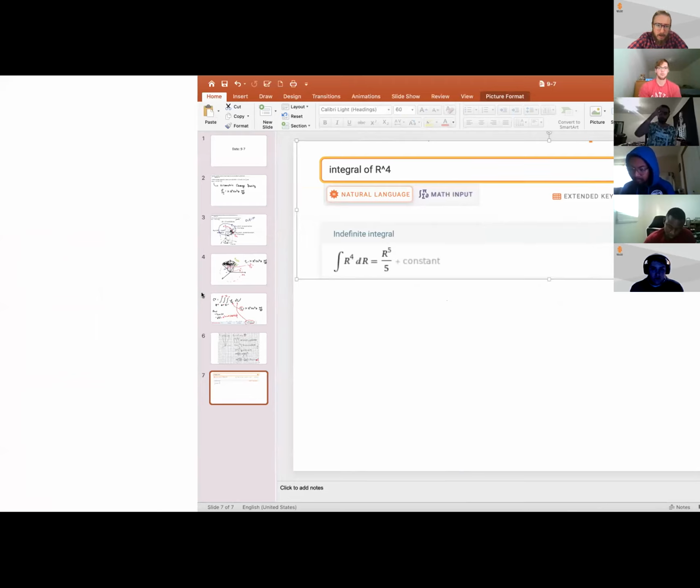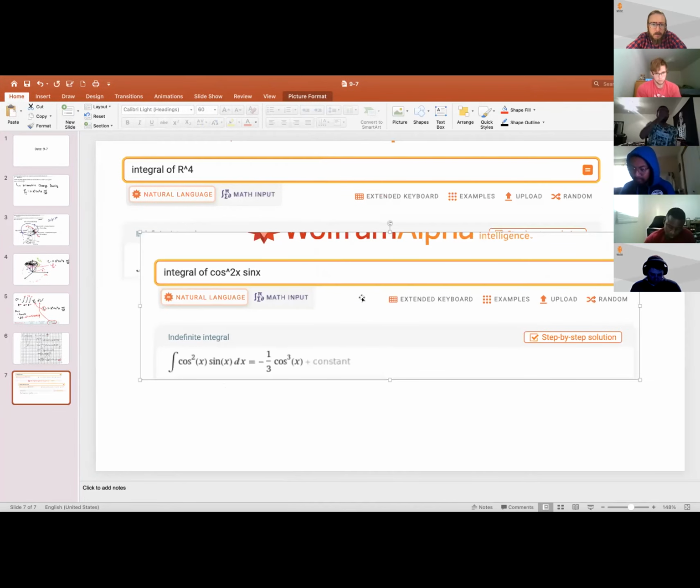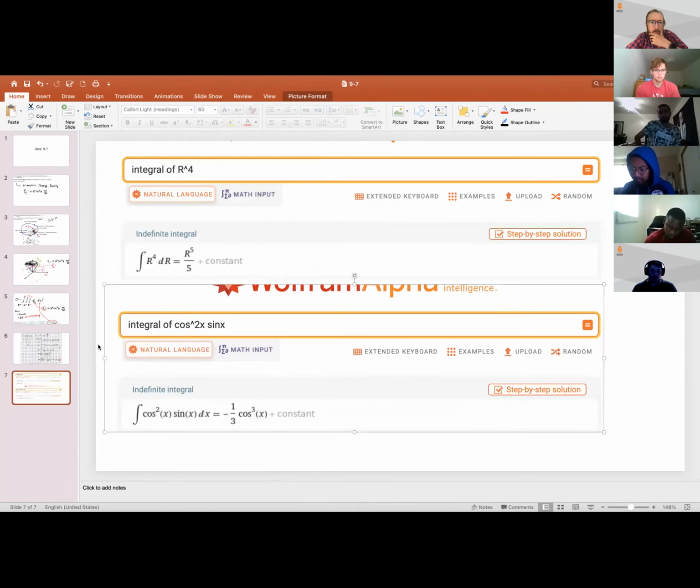And likewise, if you did integral of cosine squared x sine of x, you could also get this result.